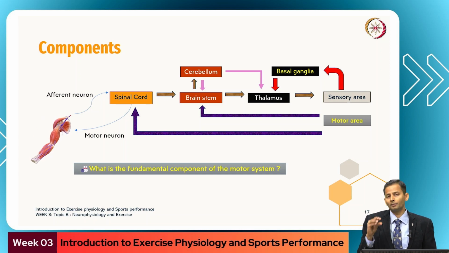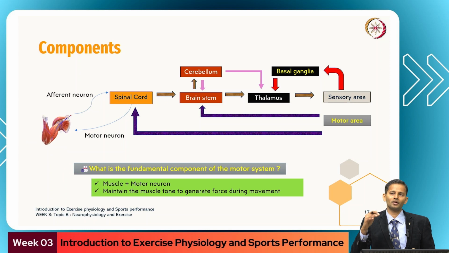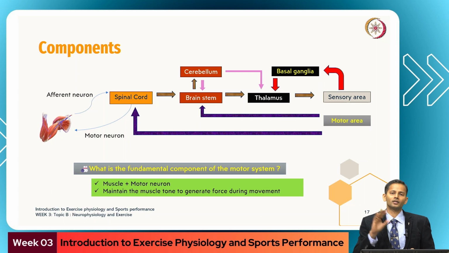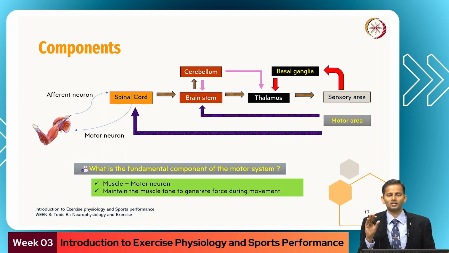So the fundamental component, if you say, in the entire motor system is the muscle and the motor neuron. So a particular muscle which is supplied by a respective motor neuron forms the fundamental component of the motor system, and the rest of the components are all involved in the transmission of these impulses. And this is basically required.